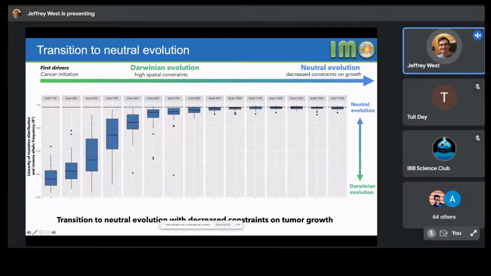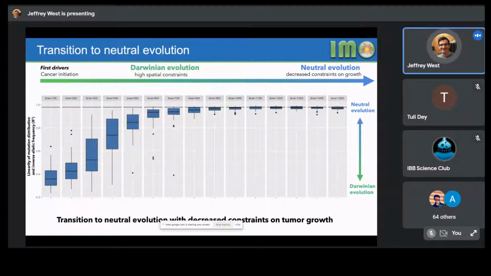And I should say that if the 1 over F metric approaches a value of 1, then that's considered neutral evolution. So we can see that early in our simulation, these tumors are not considered to be neutral. There's a lot of clonal sweeping going on. But later in evolution, these are considered to be neutral because they're approaching 1.